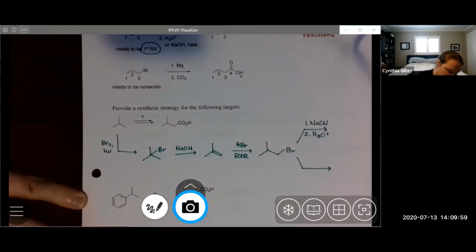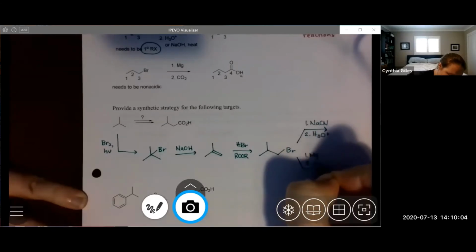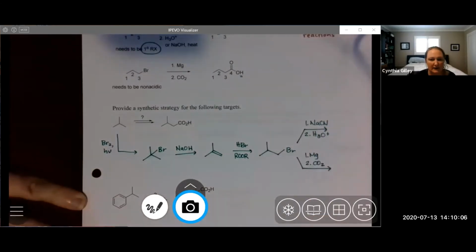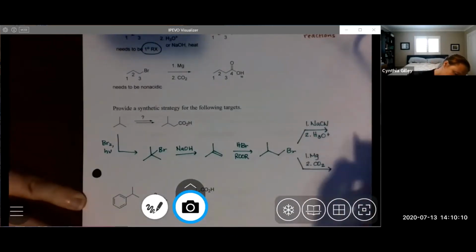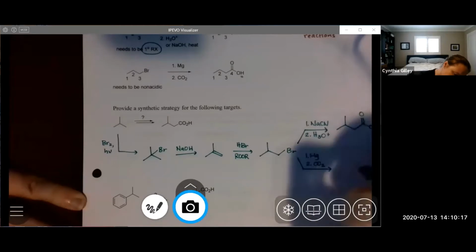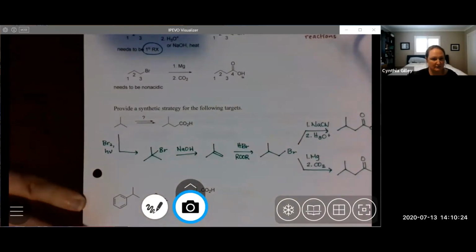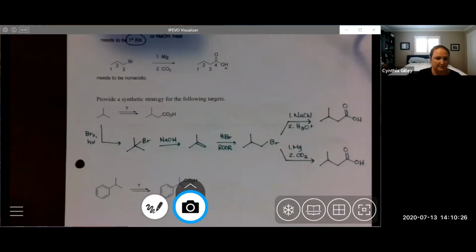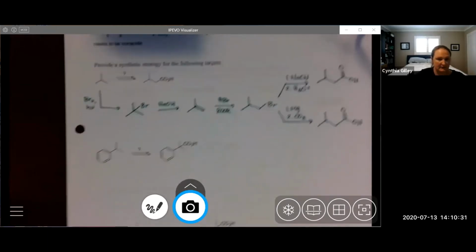Or we could treat this with magnesium to form the Grignard reagent, treat this with dry ice, solid carbon dioxide, and then an acidic workup. And either way, you would get the carboxylic acid product. It's drawn out. So you have either option here in this case.